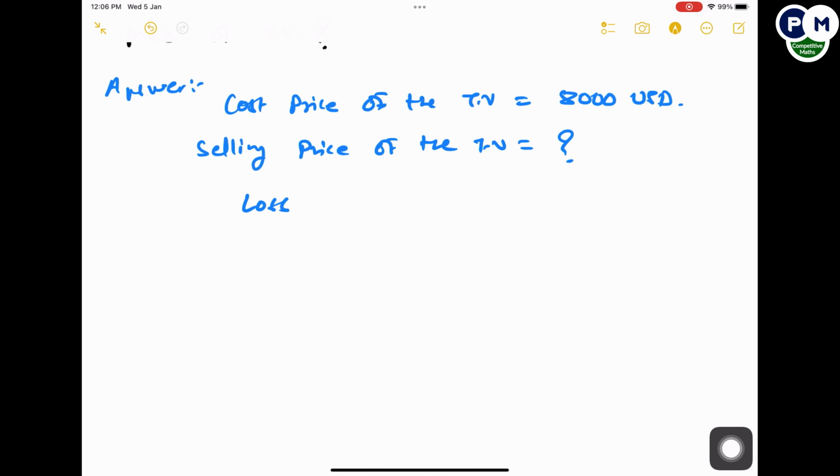Cost price equals $8,000. Loss incurred equals 10%.